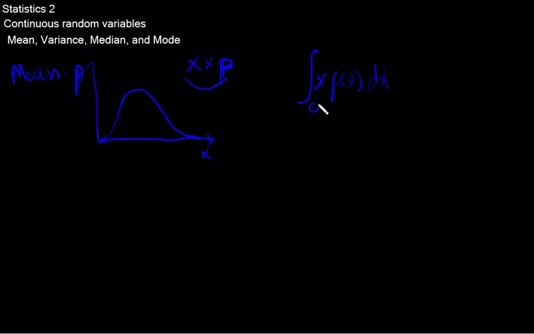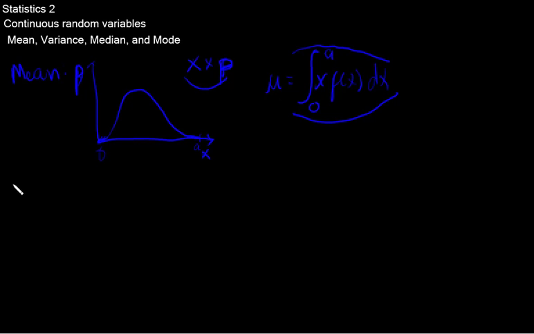Let's just say the range is from 0 to a. So this is the formula for the mean, in which we take the x, time it with its probabilities, f of x dx, and then set the range from 0 to a. This will give us the mean.